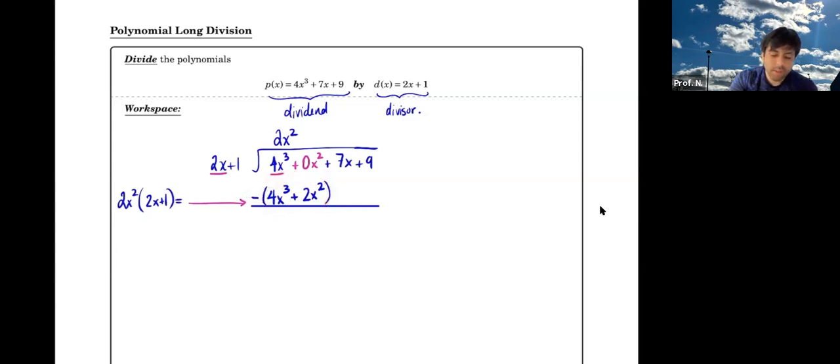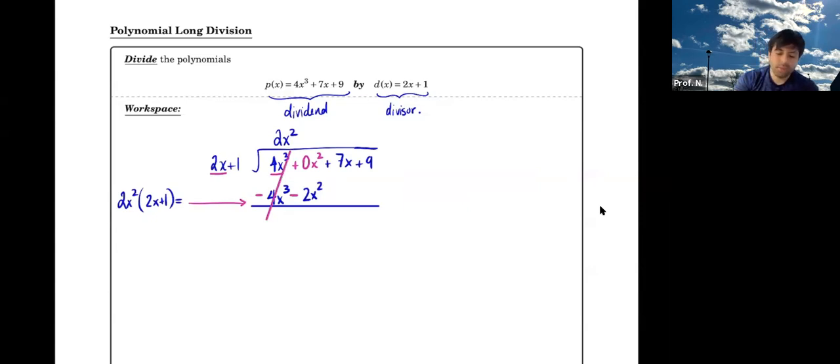So this -1 makes the positive 4x cubed a negative. I'm just going to show you that the signs change. And this positive 2x squared results in a minus sign. And then look what happens when we combine the like terms on the top polynomial with the bottom polynomial.